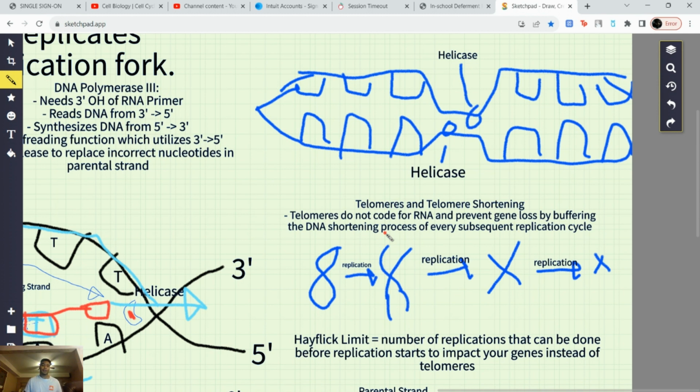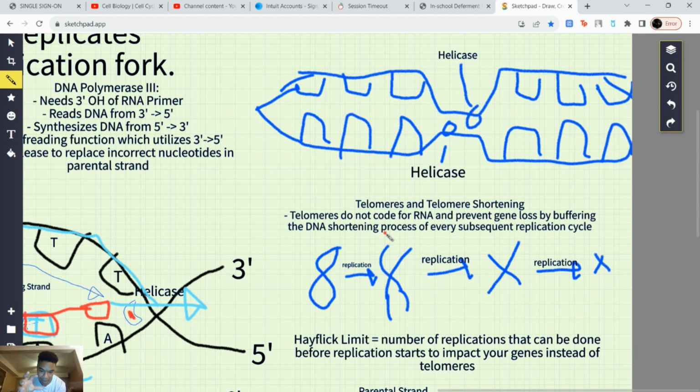The thing about replication is it's kind of cool because when I think of it, it's like Wolverine if you're into that stuff, the regenerative property, or Deadpool. We got limits, unfortunately, and that limit comes from telomere shortening.